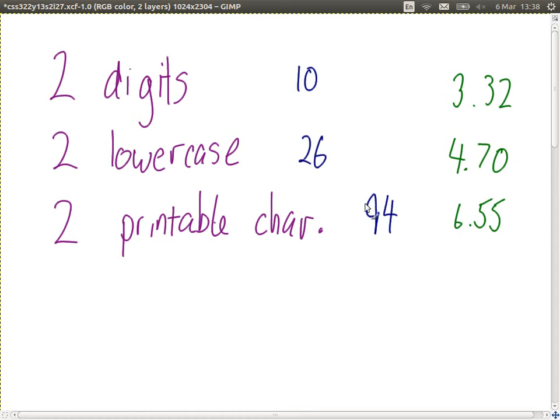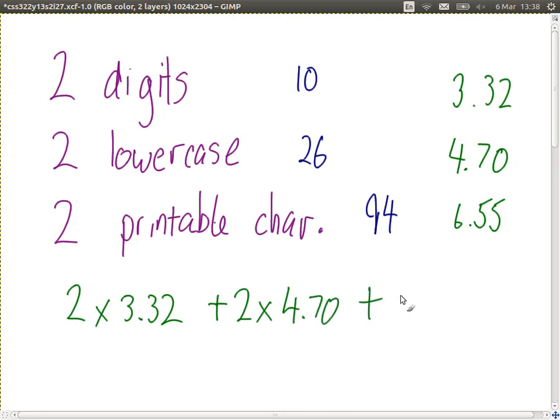So in fact, with 2 digits, each having an entropy of 3.32, and then 2 lowercase letters having an entropy of 4.7, and another 2 printable characters with an entropy of 6.55, that gives us the total entropy of this 6-character password, which is whatever it is, about 27.